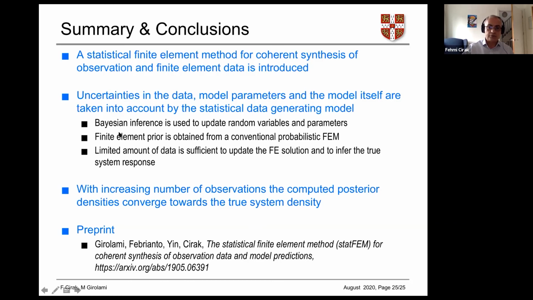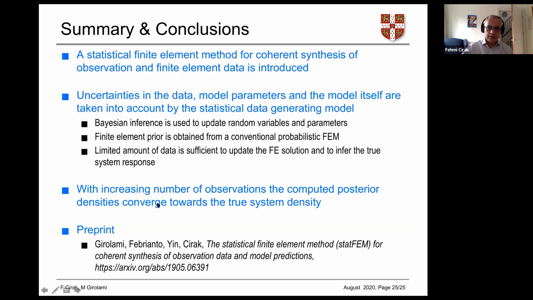And we use a finite element prior, a conventional probabilistic finite element method, in order to obtain the prior finite element solution. I think using this finite element prior allows us to operate with a limited amount of data. So we can already get good solutions with a limited amount of data, because our priors are usually, in practice, relatively good.